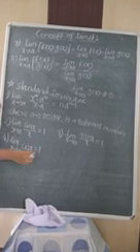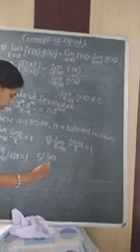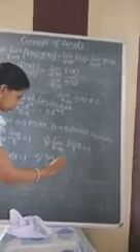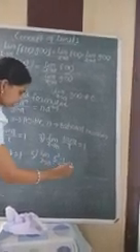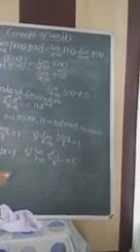Fourth one, limit x tends to 0, cos x equals 1. Fifth one is limit x tends to 0, e raised to x minus 1 by x equals e.